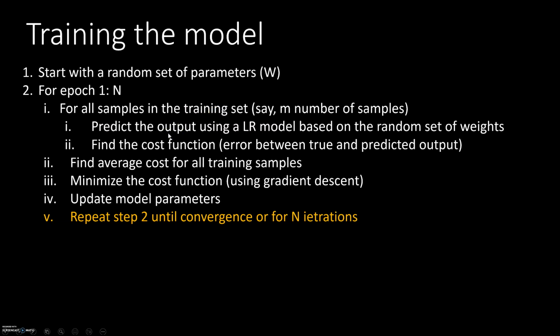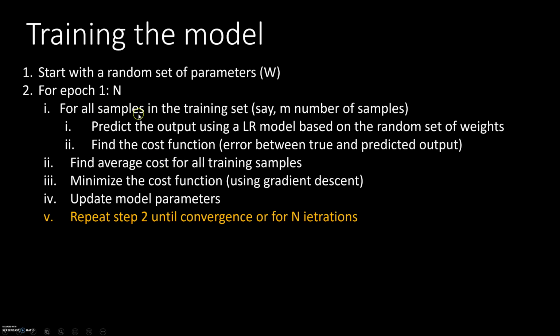Then we make that prediction, and we want to know how close or far that prediction is from the true label. So for that, we find an error, also called the cost function. And our goal is to minimize that cost function, right? Because we want our predictions to be as close as possible to the actual label.